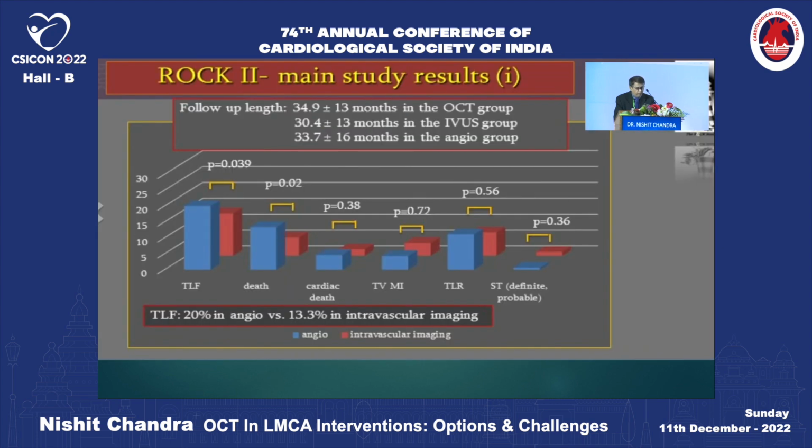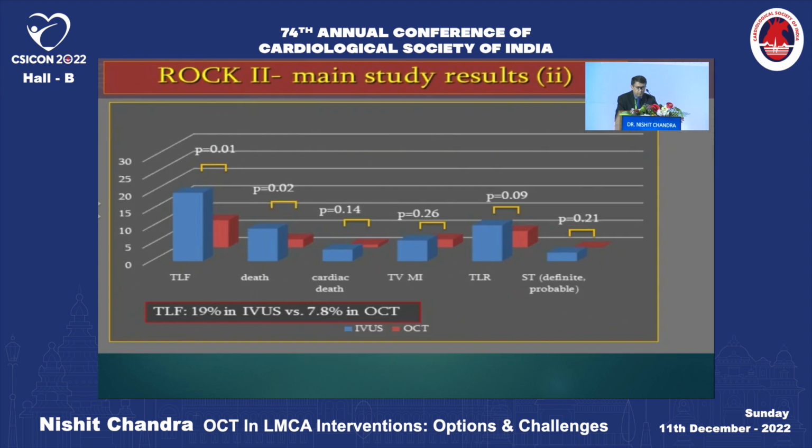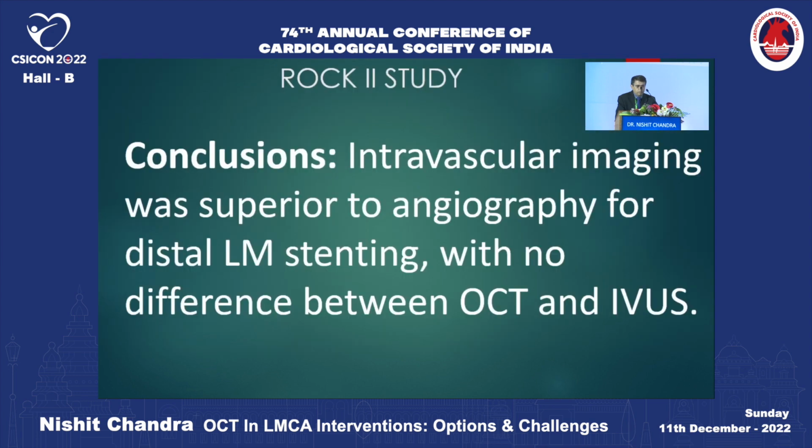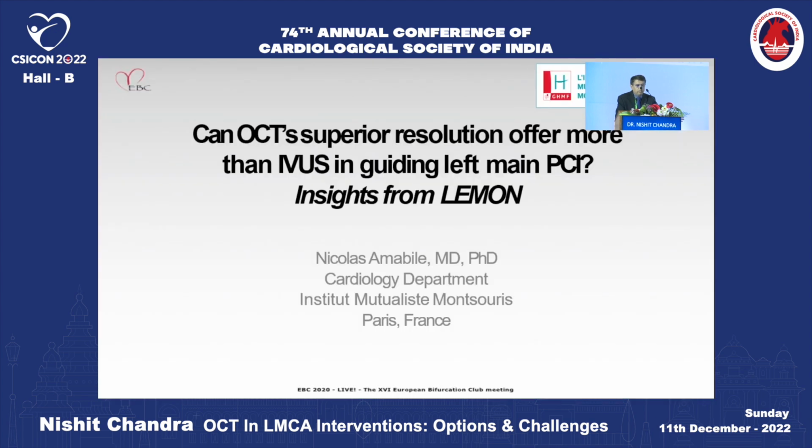When they compared imaging with angiography, there was a significant difference: 20% target lesion failure in the angio group and 13% in the imaging group. But when both imaging modalities were compared, OCT versus IVUS, there was no difference. So imaging was superior, and IVUS was non-inferior to OCT. The conclusion of this study was that intravascular imaging is superior to angiography for distal left main stenting, with no difference between OCT and IVUS.